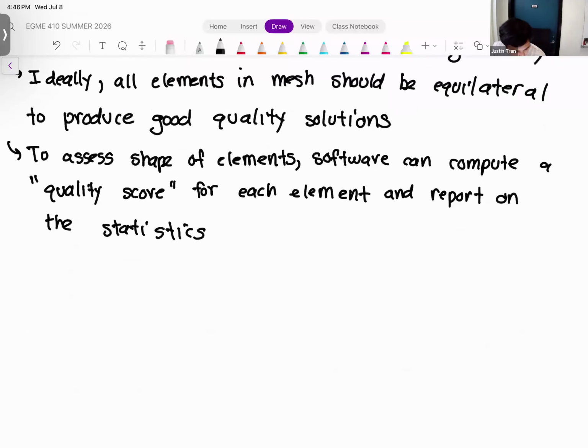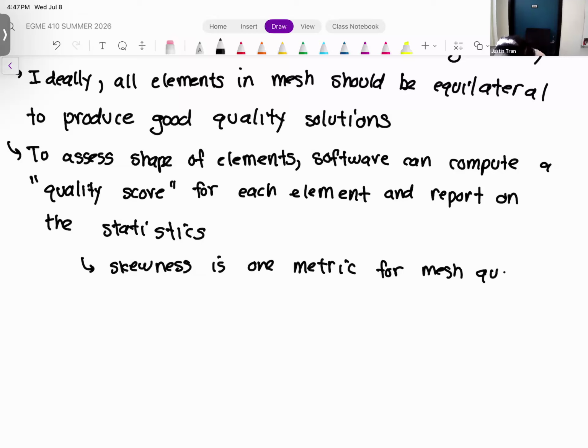Okay, so for example, one metric for quality, or one score that we can look at, is the skewness of the elements, where skewness measures how much an element deviates from its ideal equilateral shape.